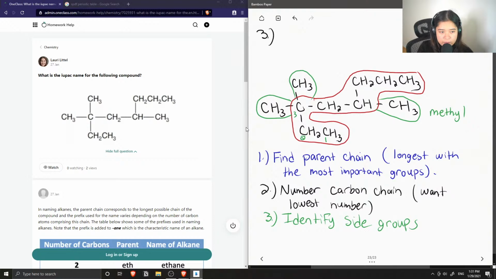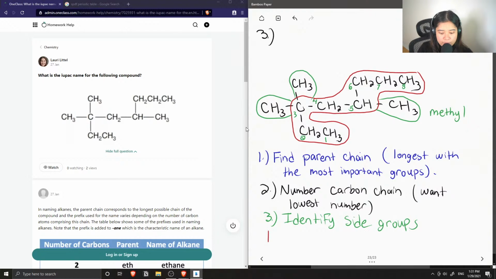Two of my methyl groups are on carbon 3 if I started counting from the bottom, but if I started counting from the top, this would be carbon 6. Therefore, if I start counting from the bottom, and this is now carbon 3, then when I name my compound, I'll have the lowest number possible. So I know I need to start numbering from the bottom. Okay, so that was steps 2 and 3.